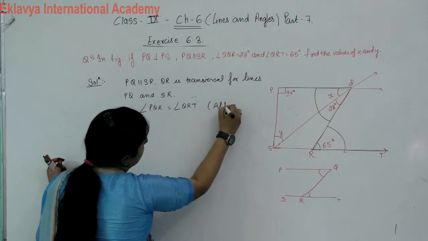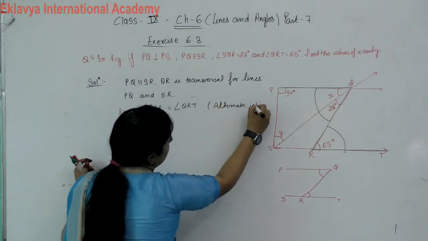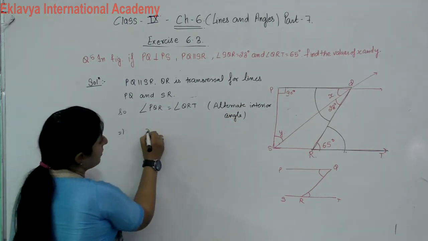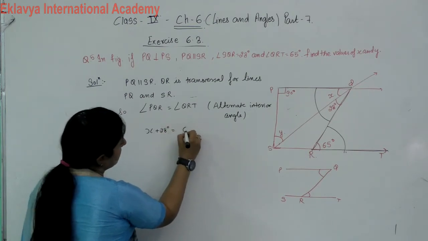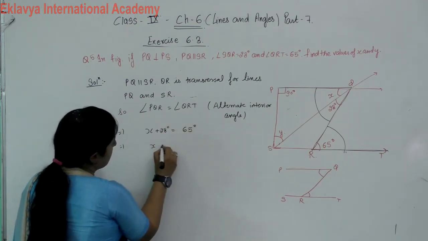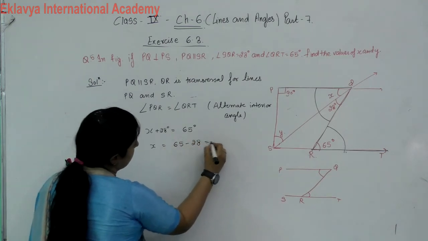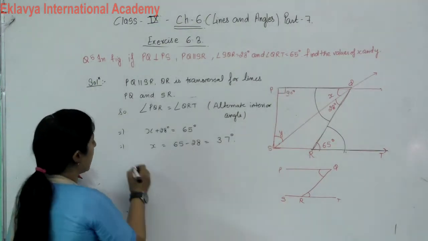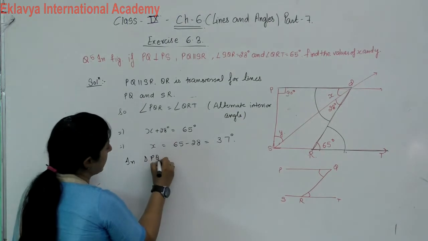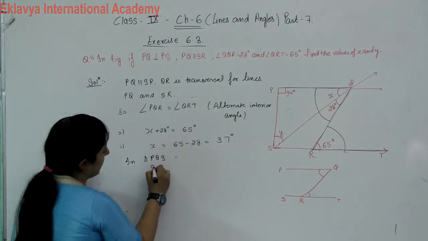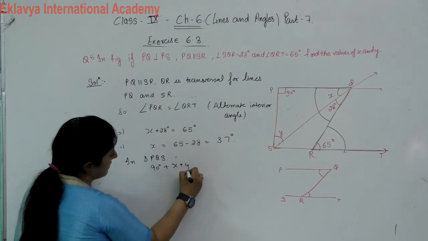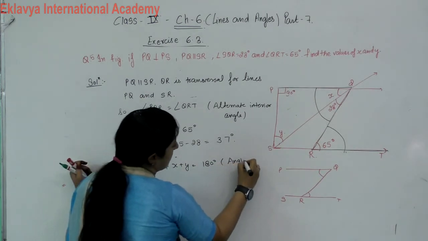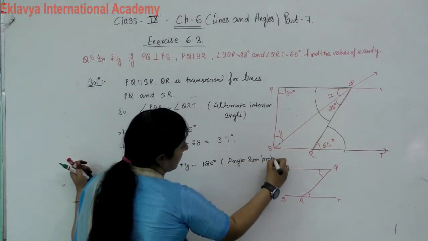Reason is alternate interior angle. Then write PQR is equal to X plus 28 degree is equal to 65 degree. X is equal to 65 minus 28, that is 37 degree. Now in triangle PQS, angle 90 degree plus X plus Y is equal to 180 degree. Reason: angle sum property of a triangle.